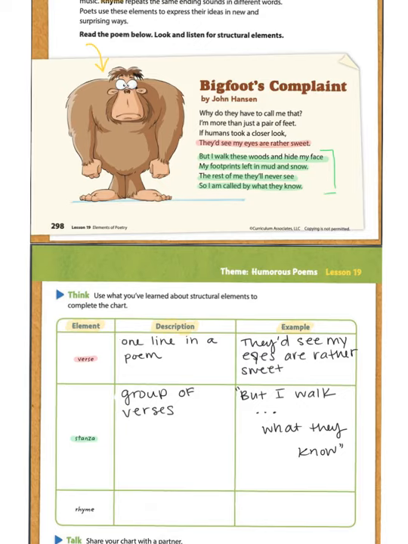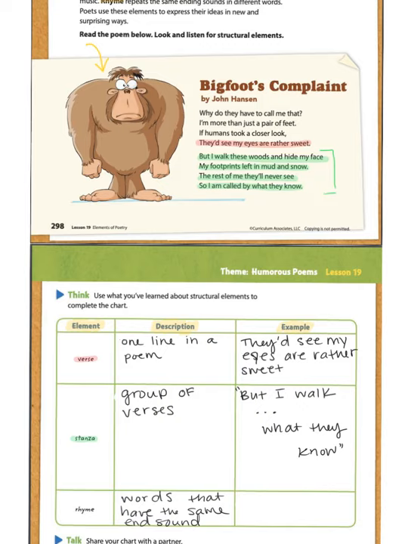Now the word rhyme means words that have the same end sound. Now it's important to remember that they don't necessarily have to be spelled the same way. They just have to have the same sound at the end of the word.